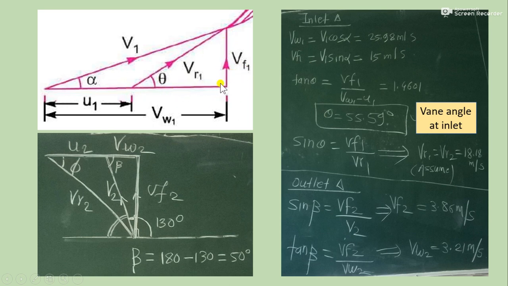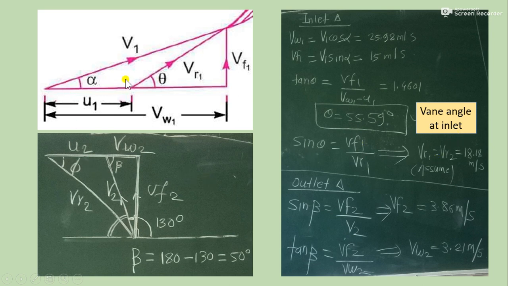It is not given directly, but we can express it this way: this is Vw1 and this is u1, so Vw1 minus u1 is this side. That's why the formula is tan theta equals Vf1 upon Vw1 minus u1. Putting values, we get theta, that is the vane angle at inlet.